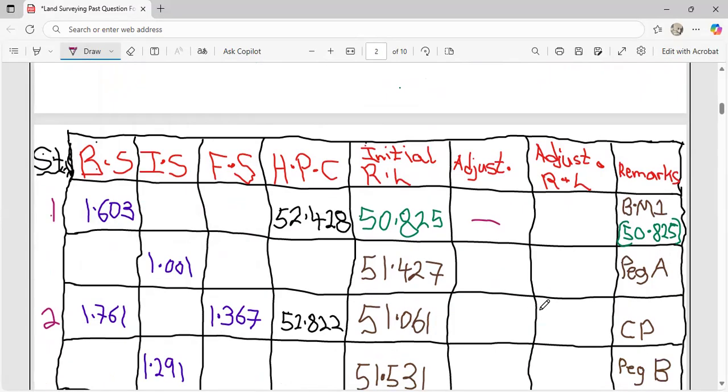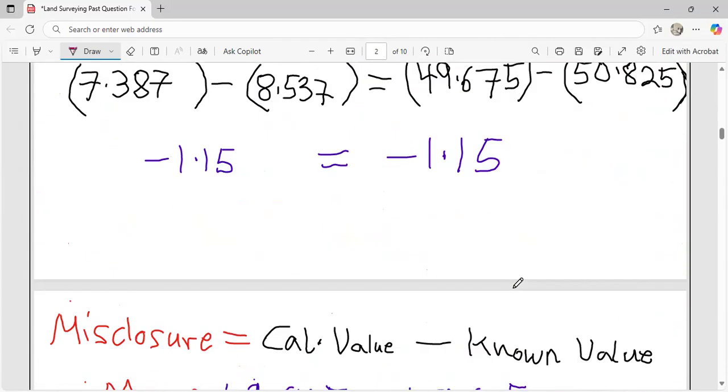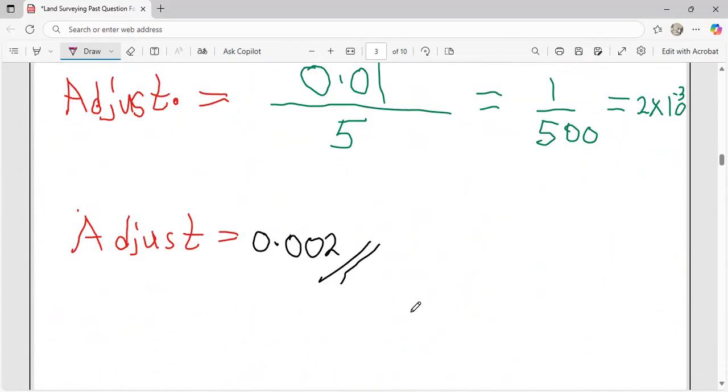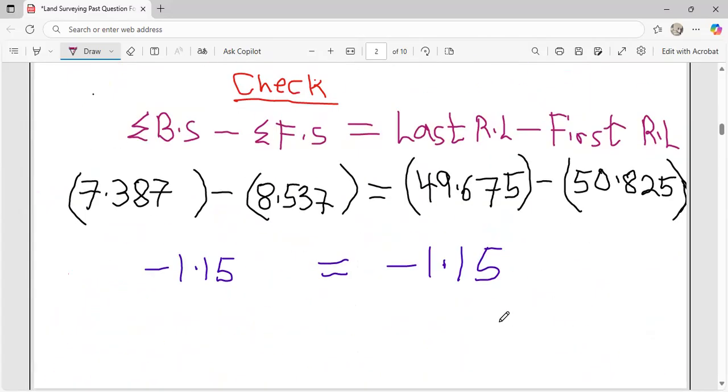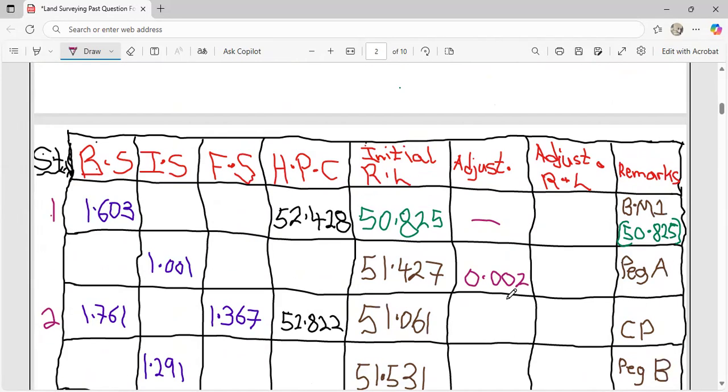Okay, so we can come and put our 0.002 over here. Why are we putting the 0.002? That is the answer we have for our adjustment. Good. So after putting in the 0.002, let's come over here. How many readings were taken before a different instrument setup?